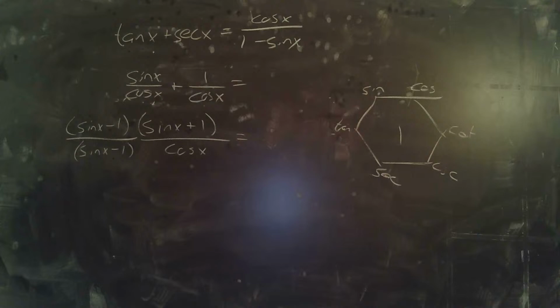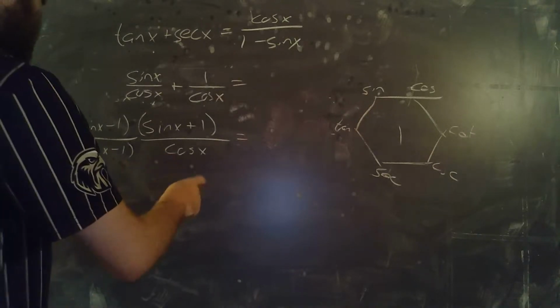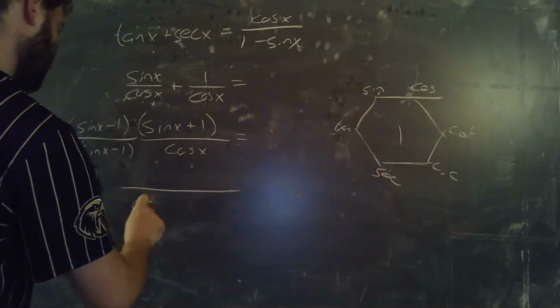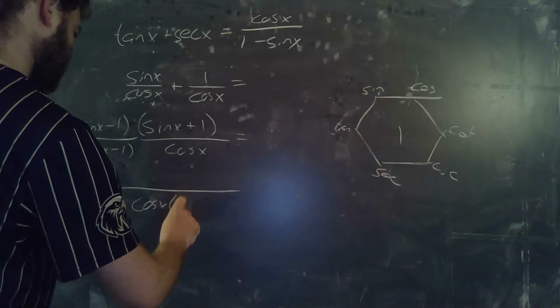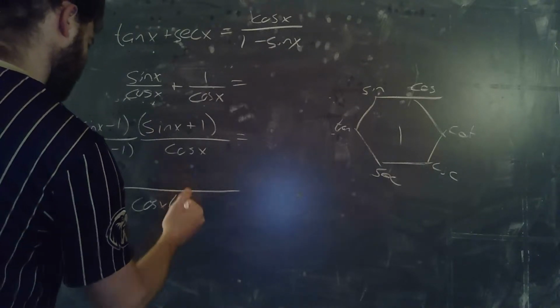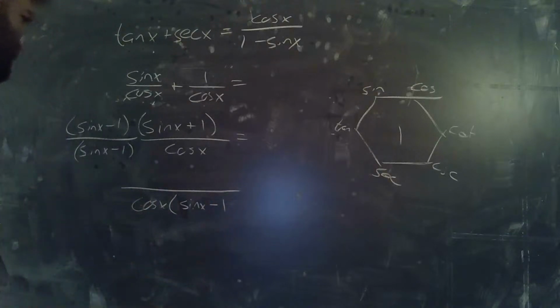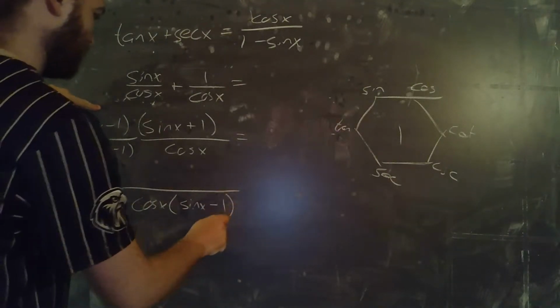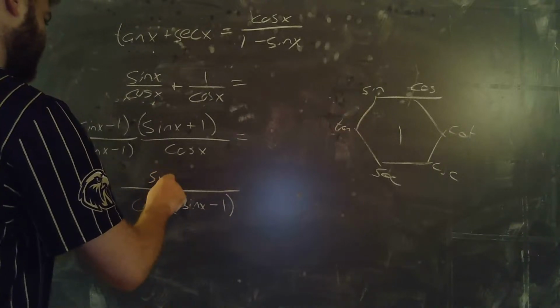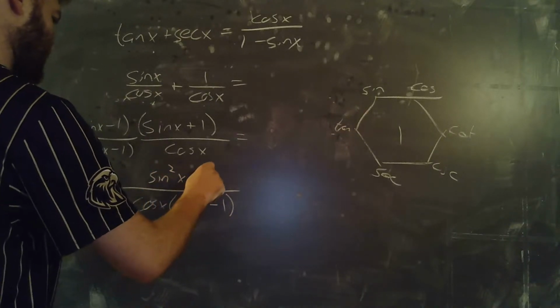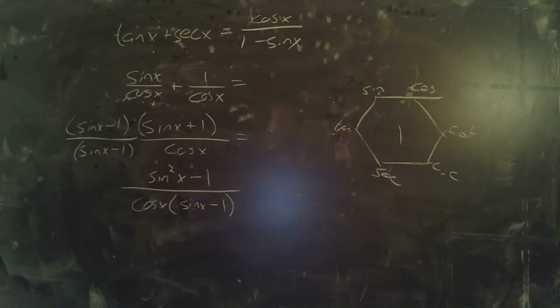Now, what that does, bottom times bottom, the new denominator is cosine of x times, I'm sorry, sine of x minus 1. And the new numerator is sine squared x minus 1. Okay. Next, you'll notice some little fiddly things that have to happen.